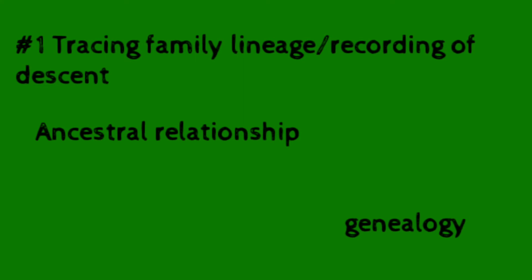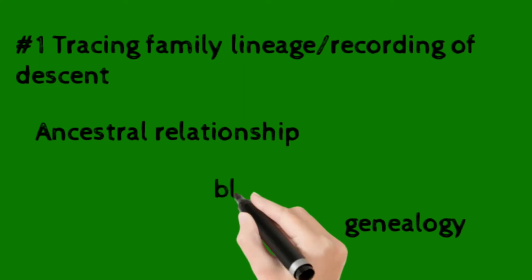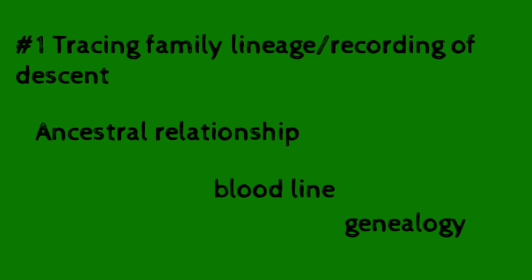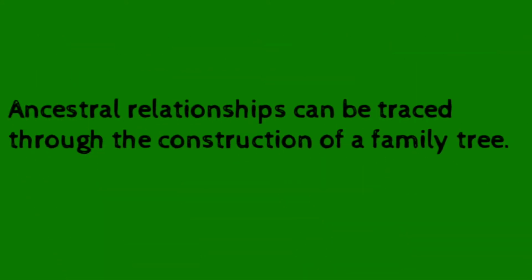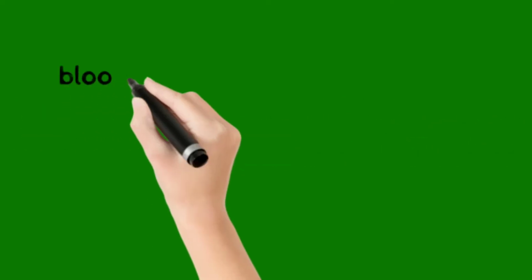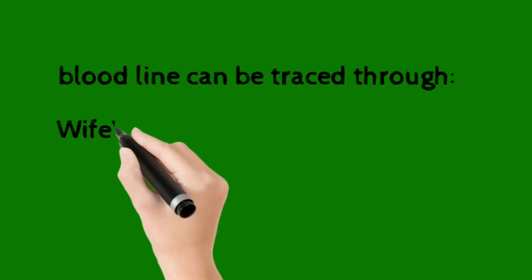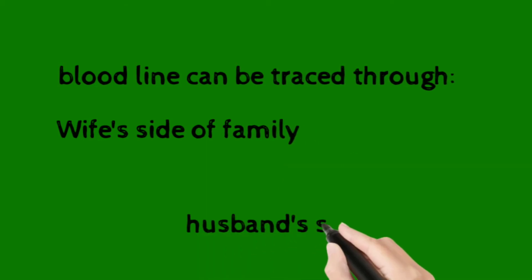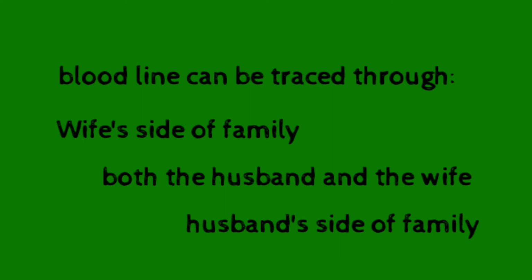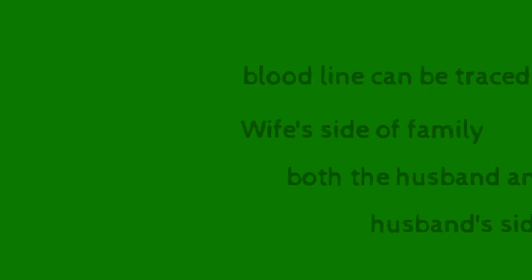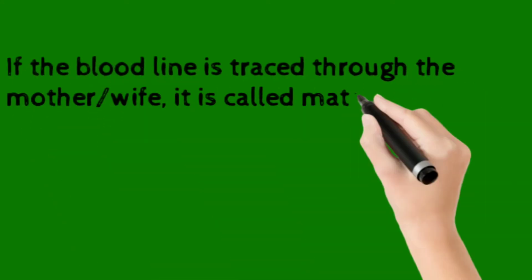We know that we can trace our family lineage through the construction of a genealogical tree or a family tree. Ancestral lineage can be traced through the wife's side of the family, or through the husband's side, or through both parties in the marriage.